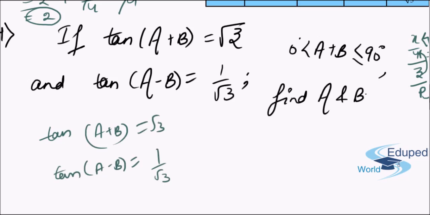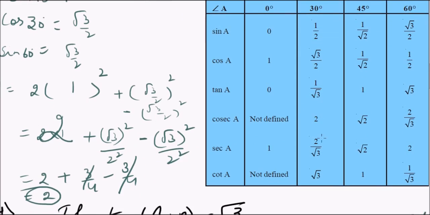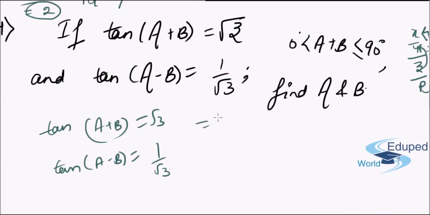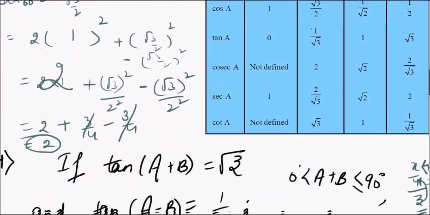Now, if an angle has the tangent value of root 3, then this angle is 60 degree. That is, this particular angle a plus b is 60 degree. On the other hand, if we have 1 by under root 3 as the value, then the angle is 30 degree.